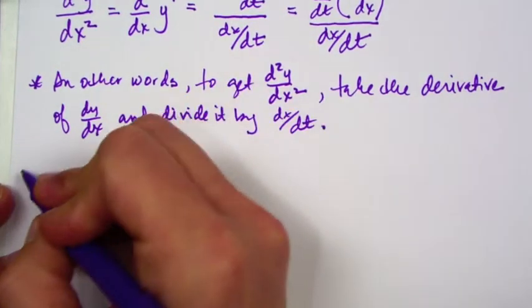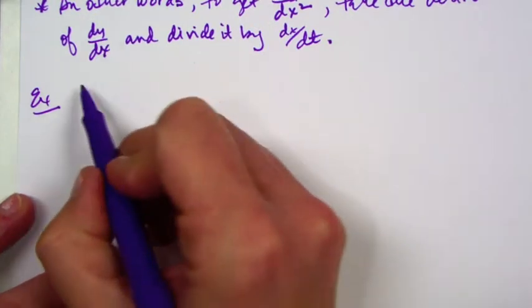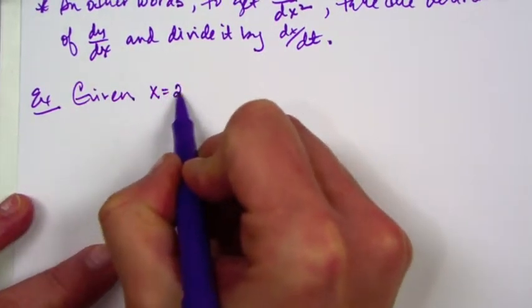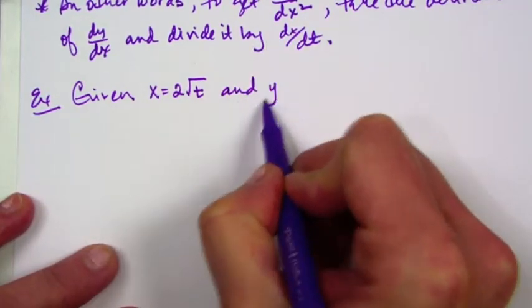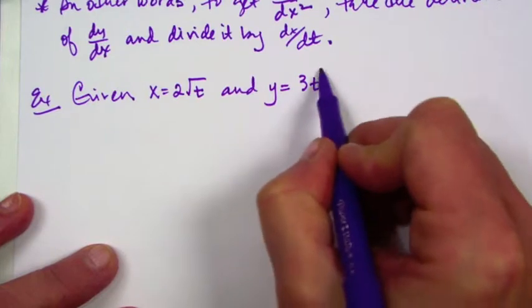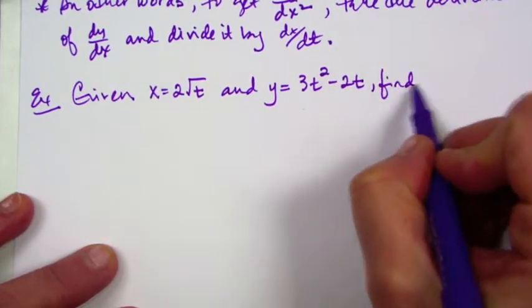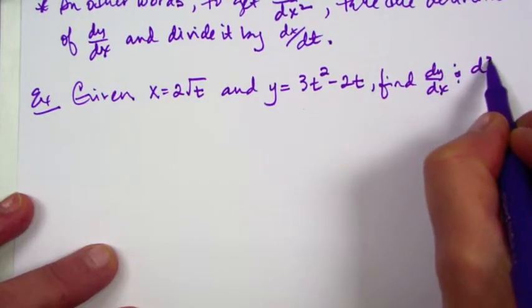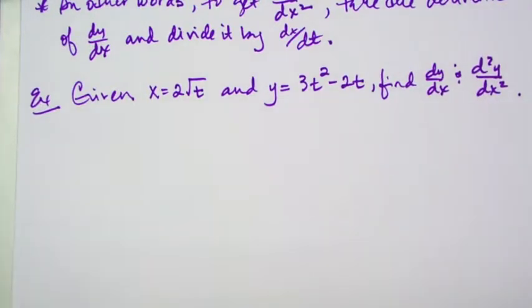So let's do an example. Given x equals 2 square root of t and y equals 3t squared minus 2t, find dy/dx, or find the first and second derivatives.